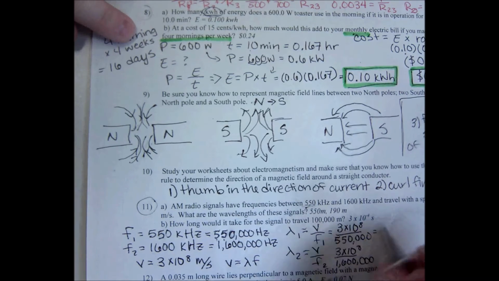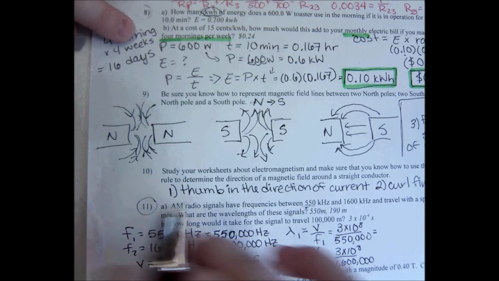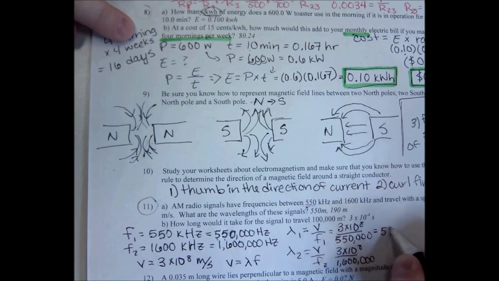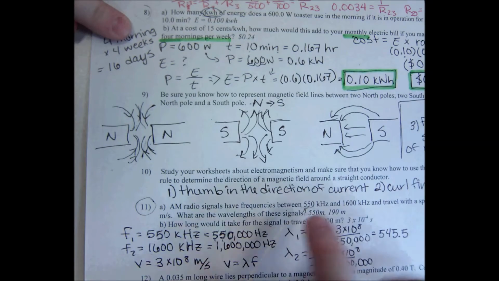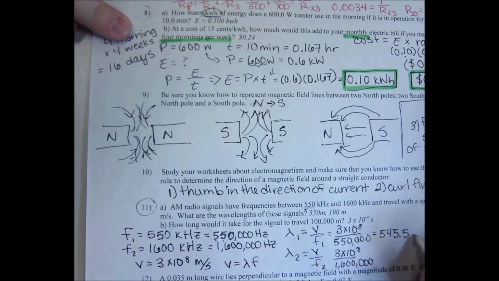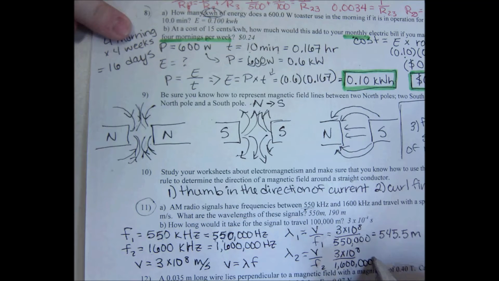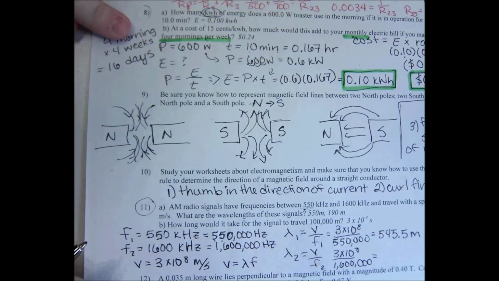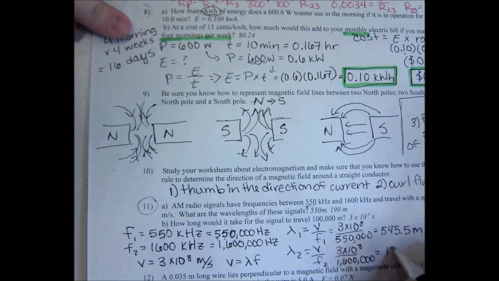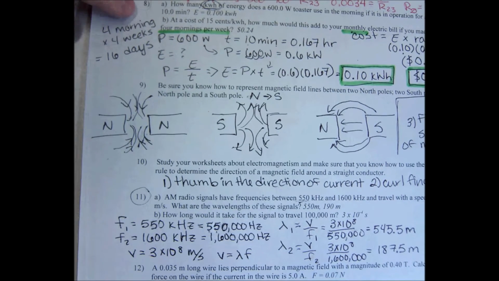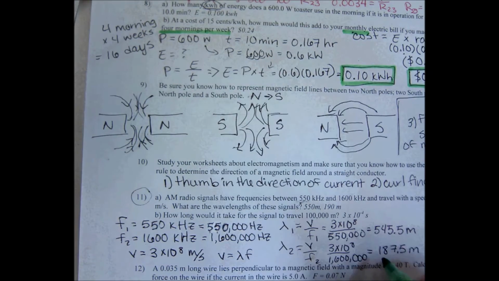So when we do this math, I'm getting 545.5. The answer key apparently rounded a little. That's in meters. For this one, I'm getting 187.5 meters. Again, apparently some rounding going on.